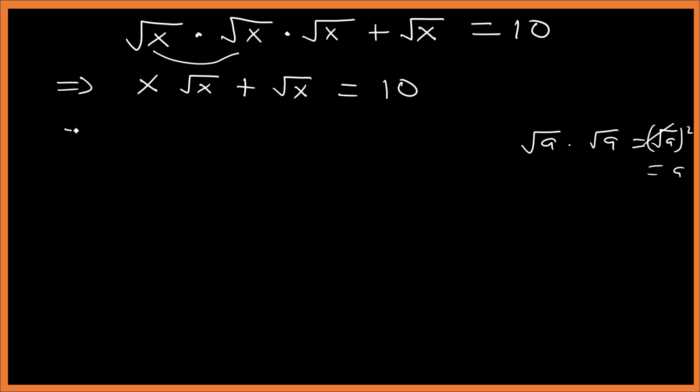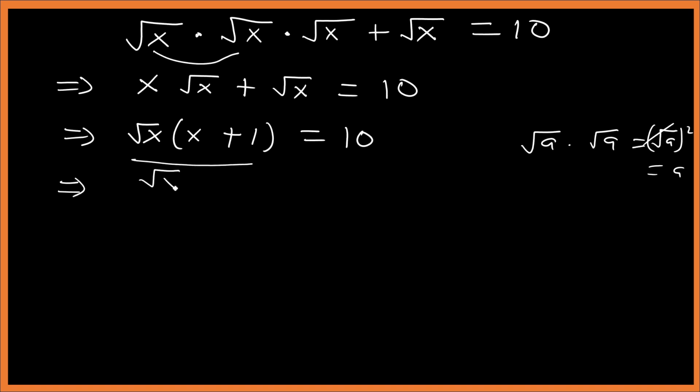Now let's observe this one. We have square root of x in common. So let's take it out. Square root of x, bracket, x plus 1, equals 10. Okay, so let's divide both sides by square root of x. So this one will go.